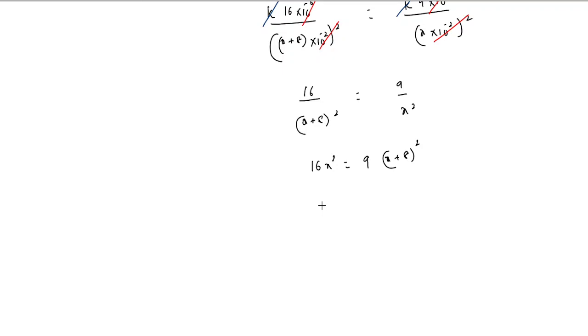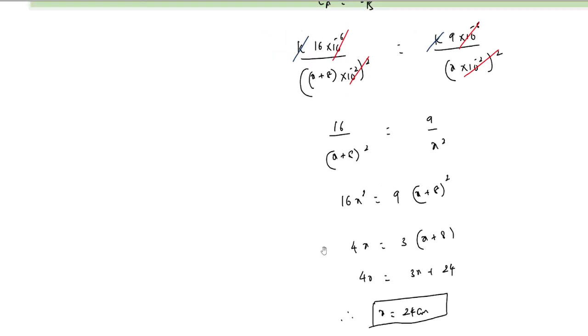If you take root on both sides, then 4x is equal to 3 into (x plus 8), or 4x is equal to 3x plus 24. If you bring this side, it becomes 4x minus 3x, which is nothing but x only. So therefore x is equal to 24 centimeter. This is what we get.